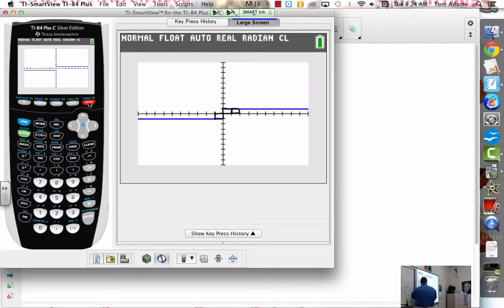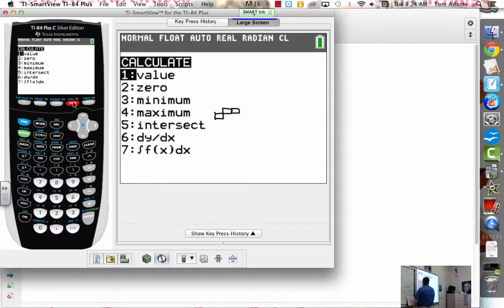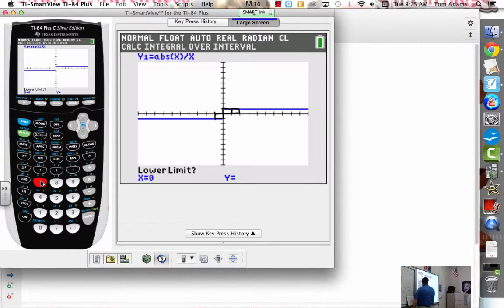But watch what happens when I do this. If I set my lower limit at -1 and my upper limit at 2, my area under the curve is only 1. Why?